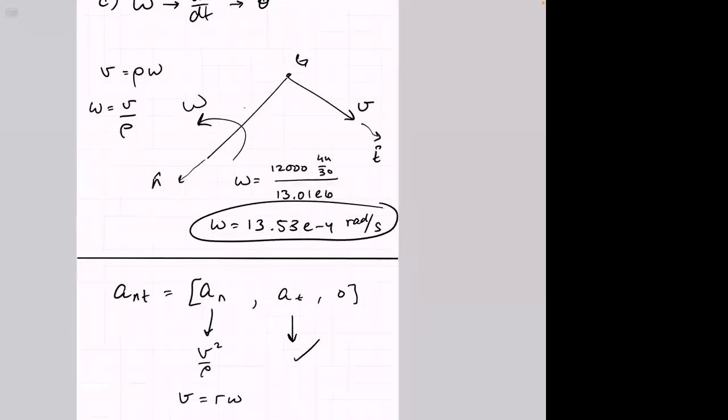Velocity was given to us, so that makes it pretty easy here. And then we converted from a_x and a_y. So there's our little map here. First we got rho, and then we got omega. So we went down that curvilinear path.